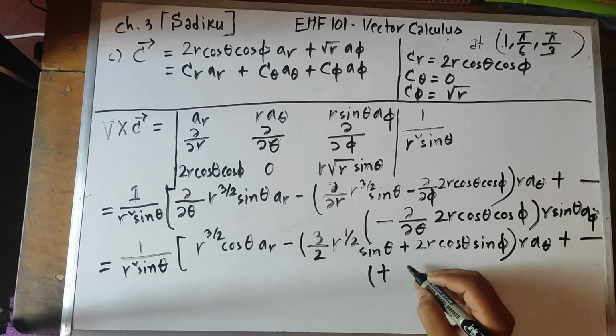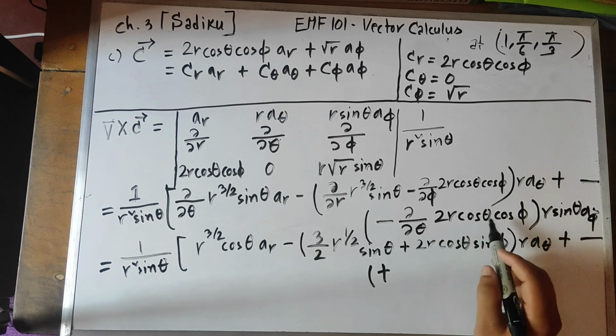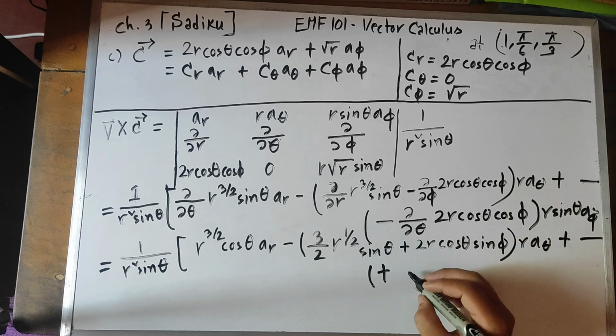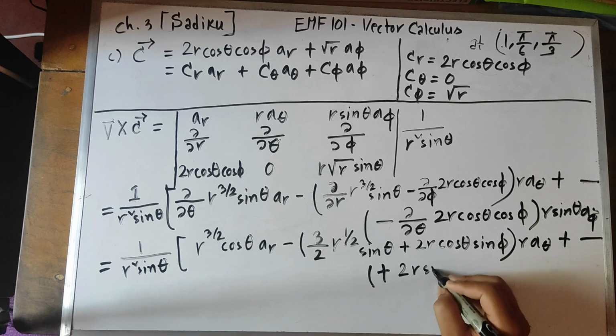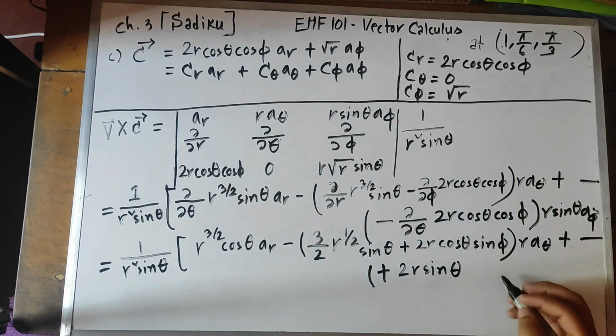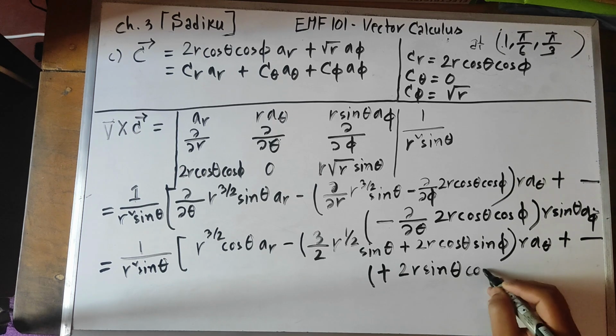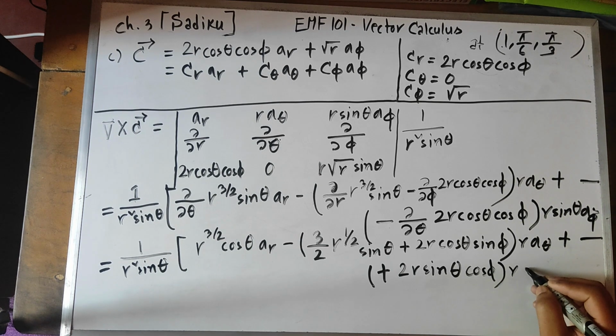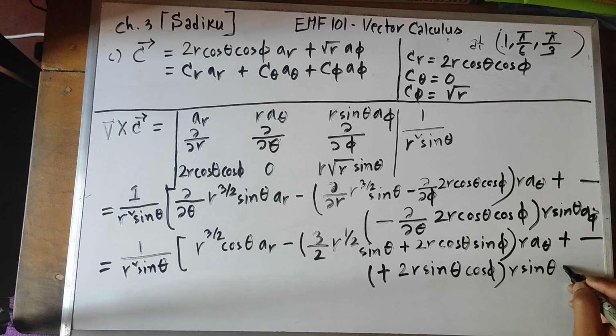Partial differentiation of cos theta with respect to theta is minus sin theta, so minus minus plus 2r sin theta, so sin theta cos phi r sin theta a phi.